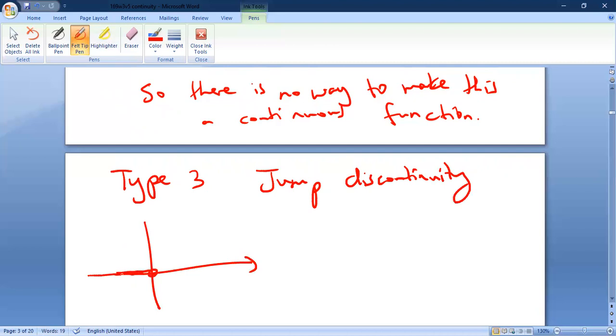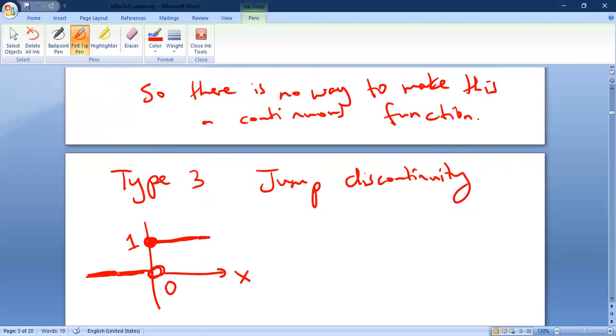Let's say we have some function like this, the Heaviside step function. So this is 1, this is 0. And it's going to look like this.